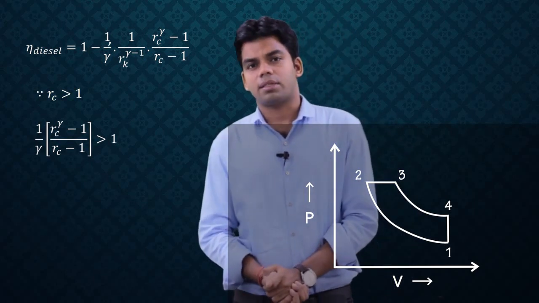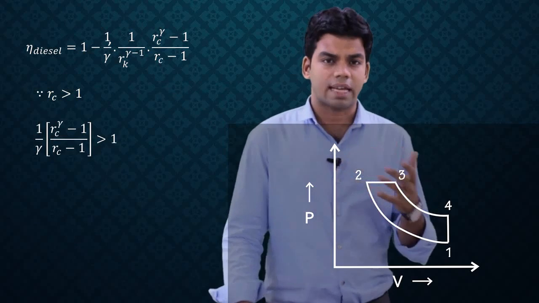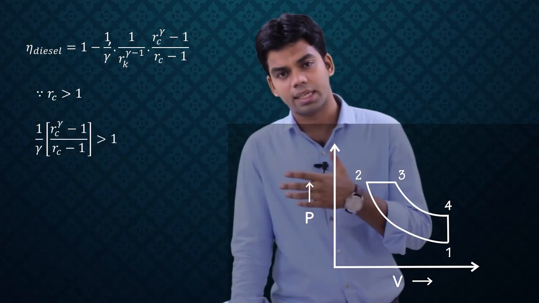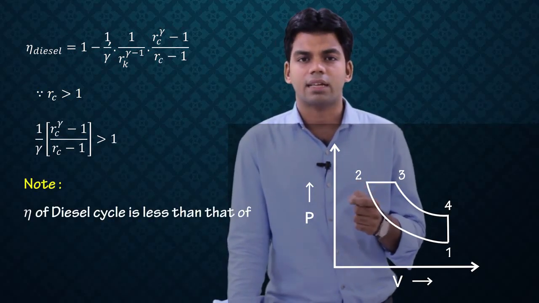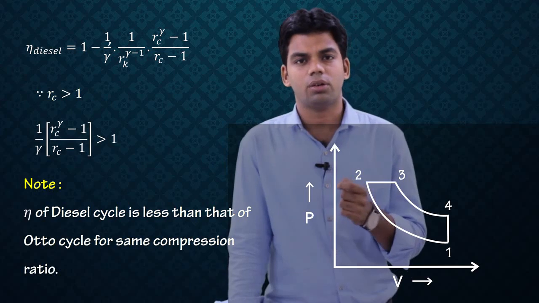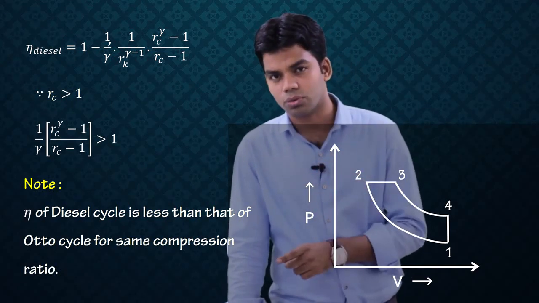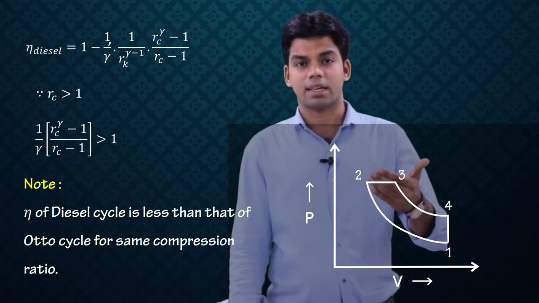Now, what does this mean? This means if I compare the efficiency of both the cycles, Otto and diesel cycle, with the same compression ratio, if RK remains the same in both, then obviously the efficiency of diesel cycle will be less than that of the Otto cycle. Just remember this is for the same compression ratio, because earlier, if you remember, I told you that the efficiency of the diesel cycle is more.